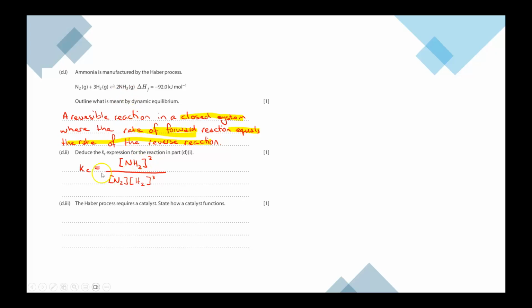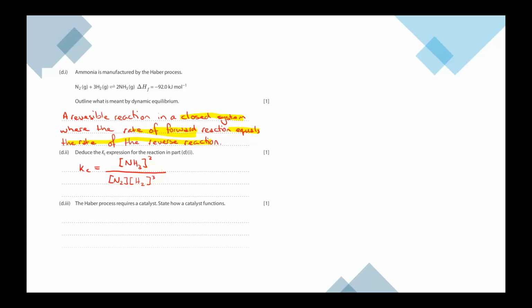Products over reactants equals K. That's why I use PORK to remember this: product over reactants equals K. So concentration squared, because that's the coefficient at the front, over the concentration of nitrogen gas times the concentration of hydrogen gas cubed, because we've got this 3 as a coefficient just here.